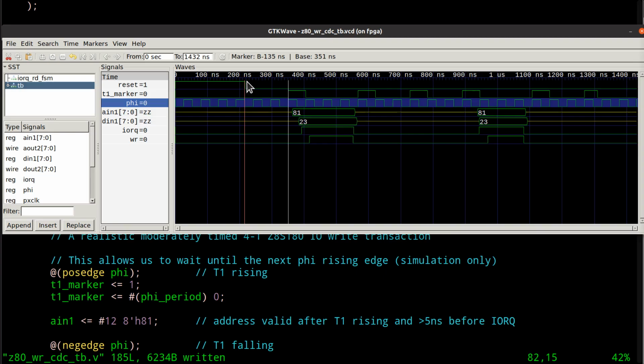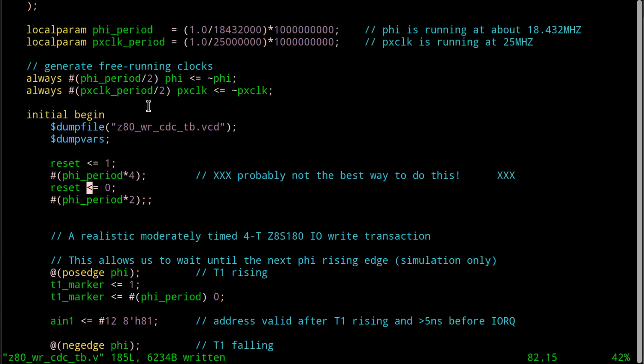If you have a cause-effect situation where this falling edge results in this edge here changing its state, then you can know 100% certain that this falling edge had to come first, even if the waveform diagram shows them at the same time, or even if your simulation shows the two taking place at the same time.